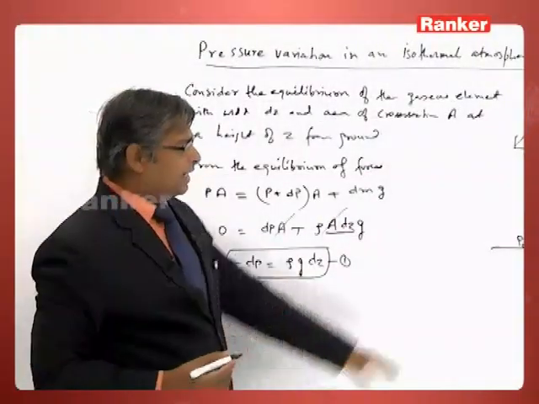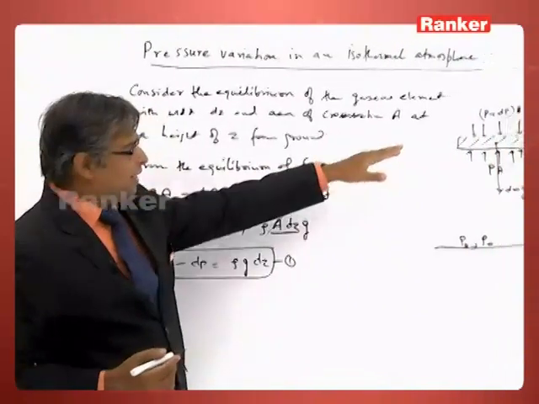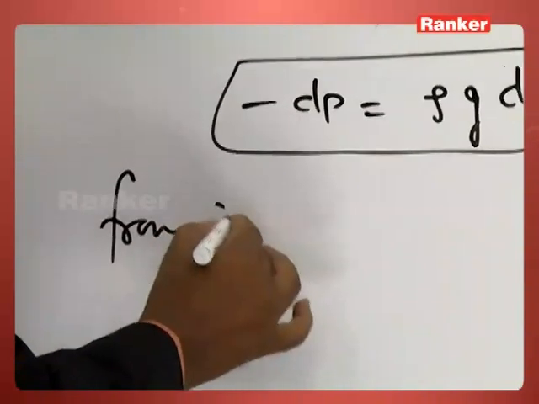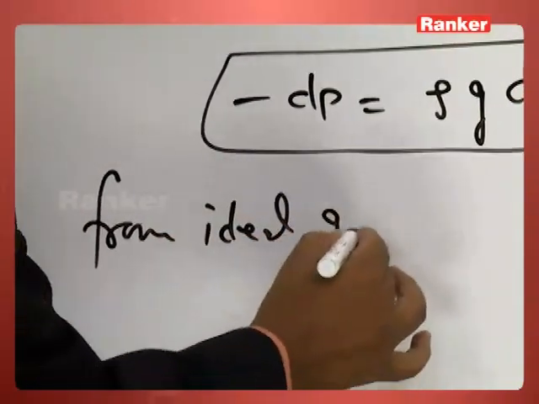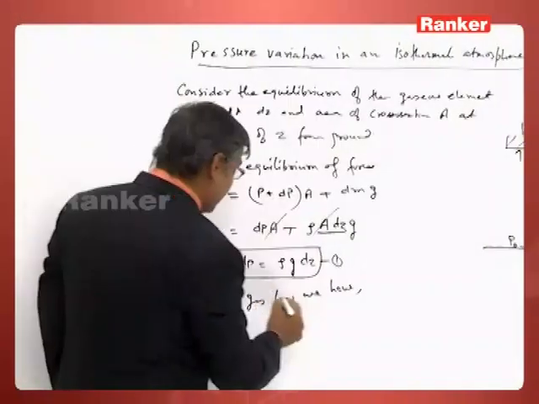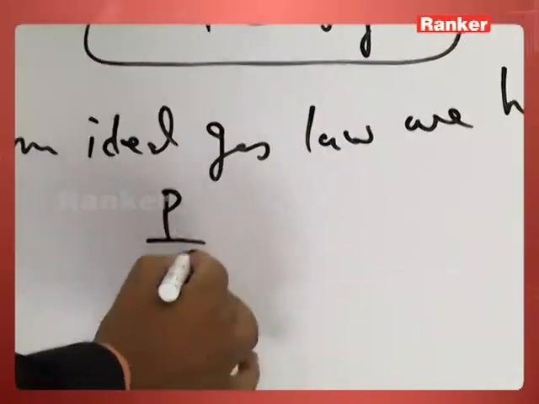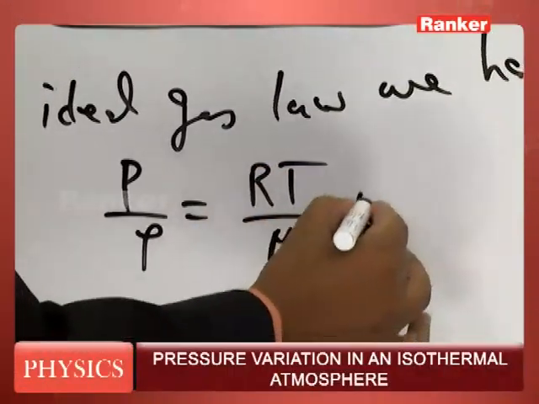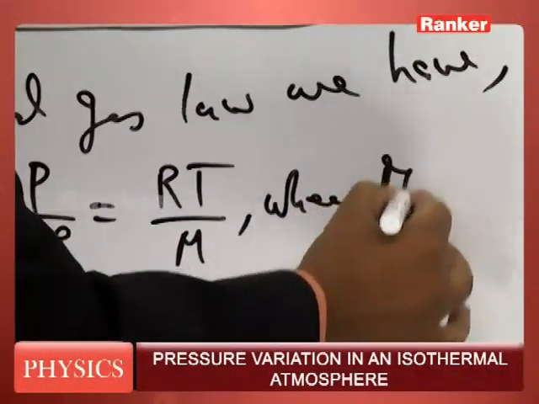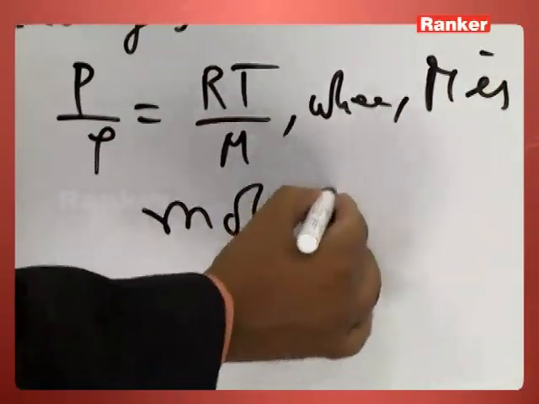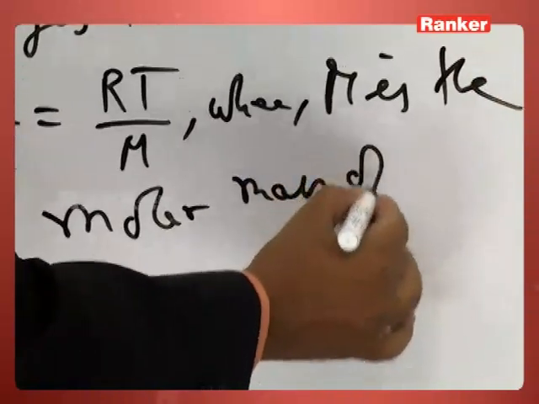So now let us apply the ideal gas law. From the ideal gas law we have the expression P by rho is equal to RT by M, where M is the molar mass of the gas.